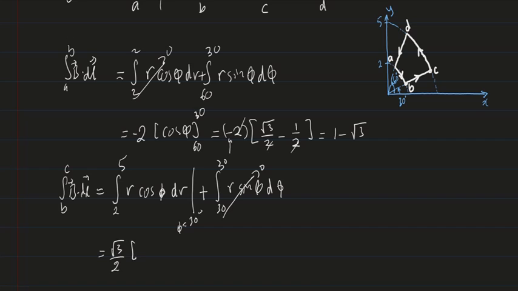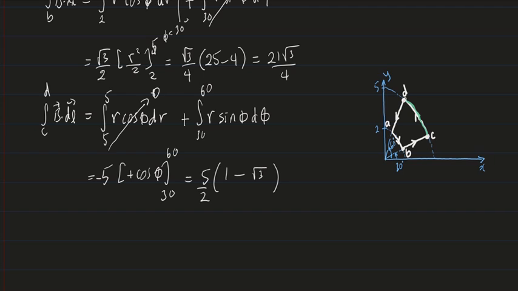And the integration of r is r squared over 2, integrated from 2 to 5. So this means that I have square root of 3 over 4 multiplied by 25 minus 4, and 25 minus 4 is 21, so I have 21 square root of 3 over 4.